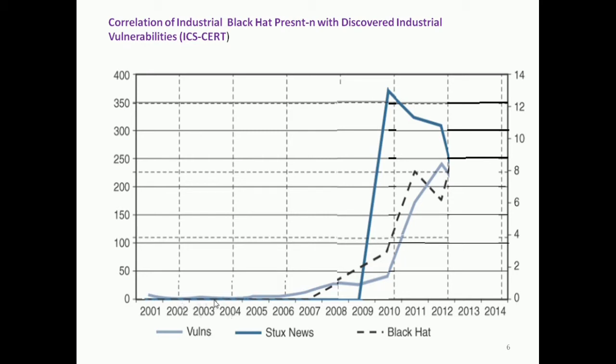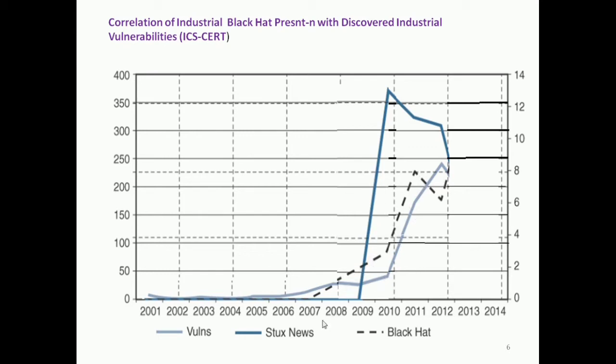The vulnerability plot is light blue, whereas the strong blue, Stuxnet malware, indicates the vulnerabilities in a system. The Black Hat dot is Black Hat. So these three plots show the vulnerability reports.